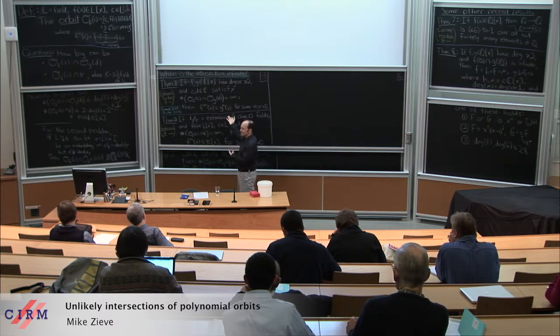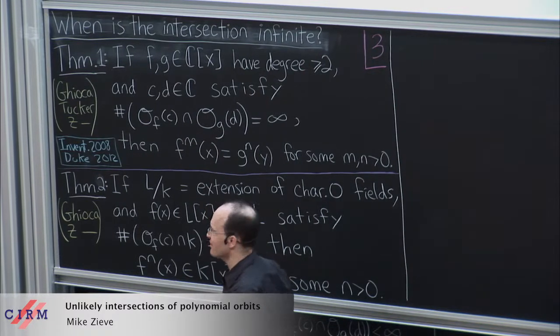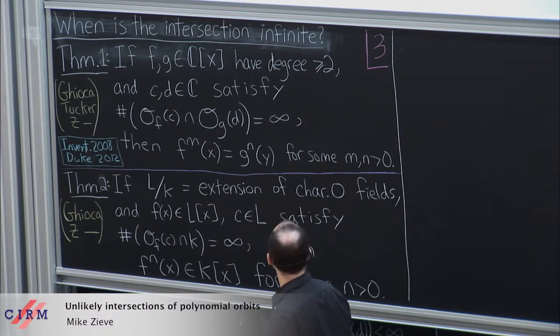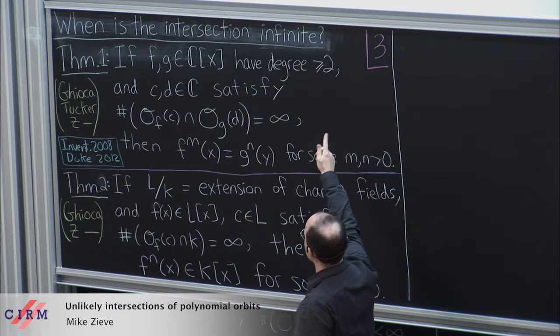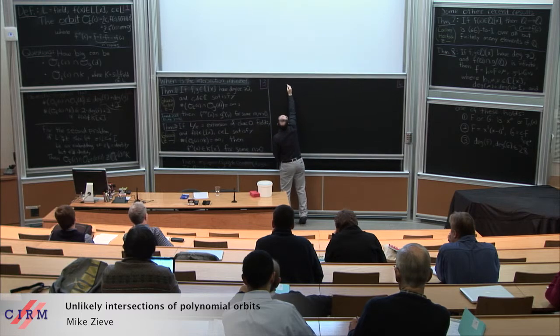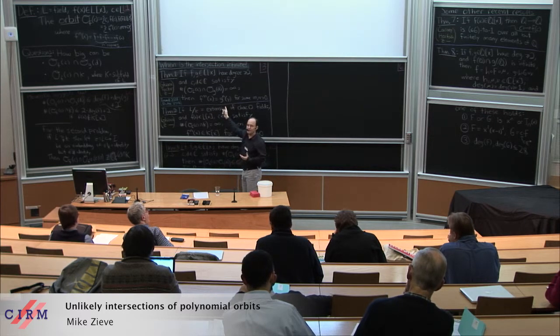If you have a common iterate, then the orbit of any point under this common iterate is contained in this intersection. So just find some point with an infinite orbit, and then you're done. But this part is not so obvious, and I should maybe say that Ritt, in 1920, determined all polynomials with a common iterate.